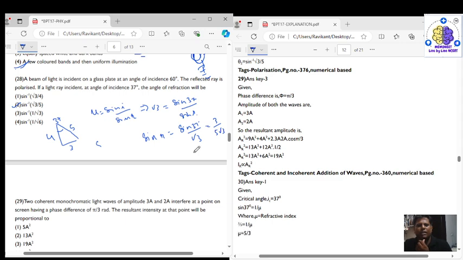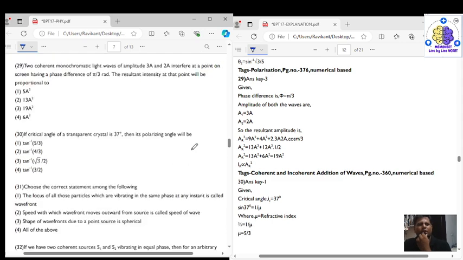Now let's see question number 29. Question number 29 says that two coherent monochromatic light waves of amplitude 3a and 2a interfere at a point on the screen having a phase difference of pi by 3. The resultant intensity at that point will be proportional to? Okay, so again we are using the formula. What formula?